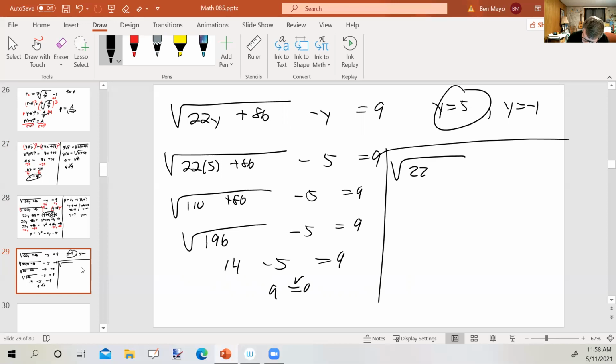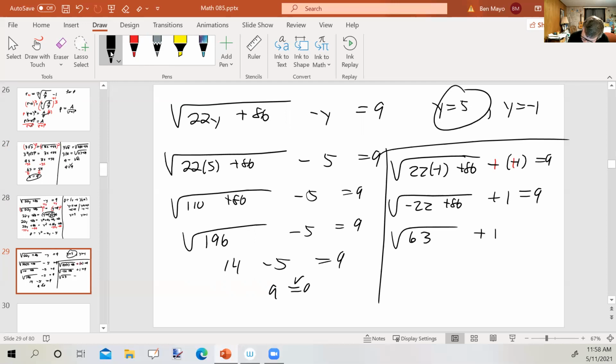The square root of 22 times -1 plus 86 minus -1 equals 9. The square root of -22 plus 86 plus 1, subtracting a negative is like adding a positive, equals 9. The square root of, what is that, 63 plus 86 minus, no, it wouldn't be 63, it'd be 64.